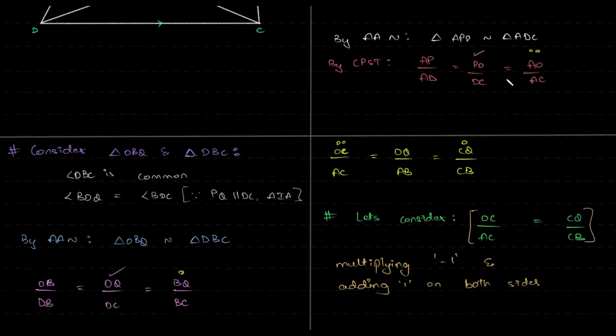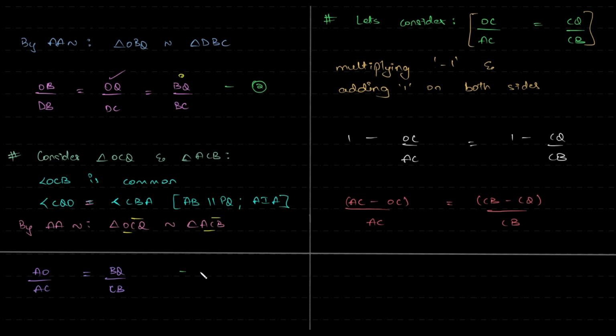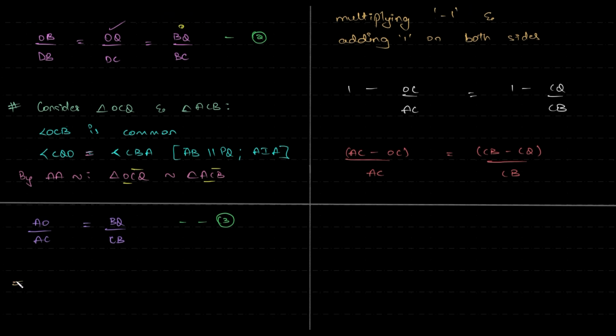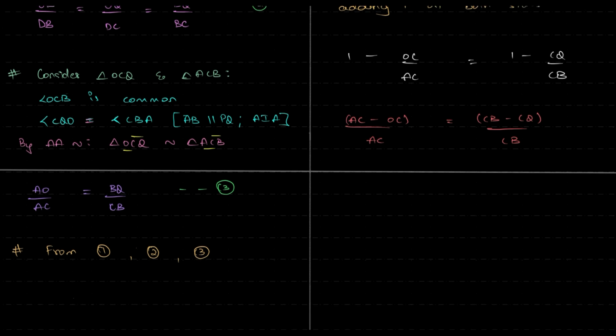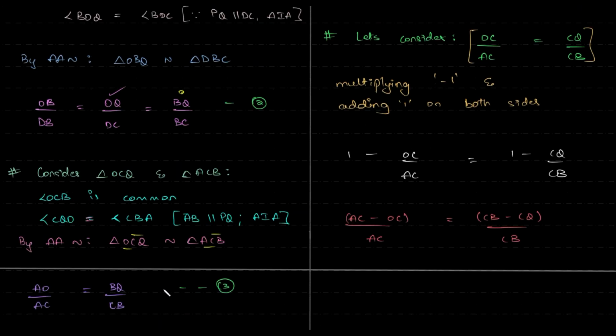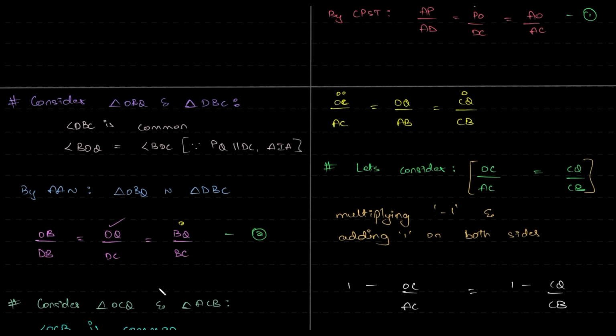So now all we have to do is call this 1, 2, and 3. So from 1, 2, and 3, what can you tell? All of these ratios are equal to each other. Therefore, from 1, 2, and 3, we have OQ by DC is equal to, what is it that we have to prove?